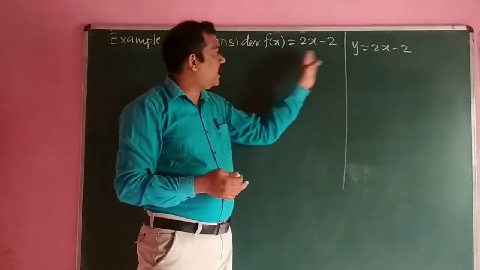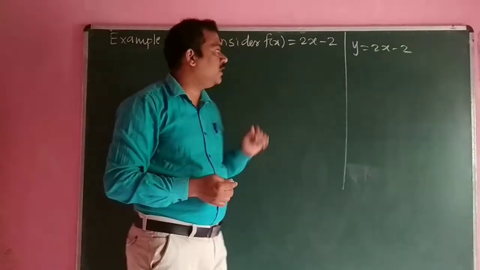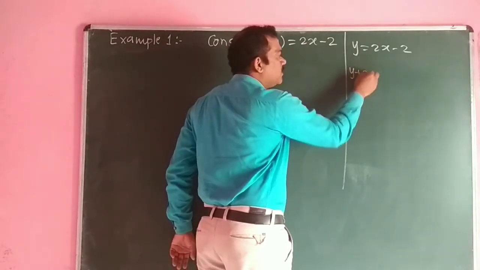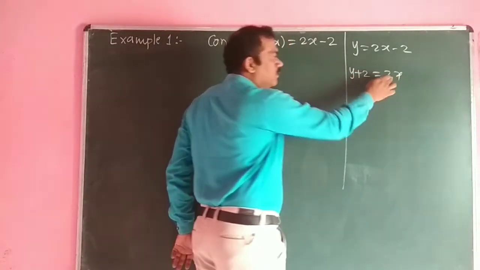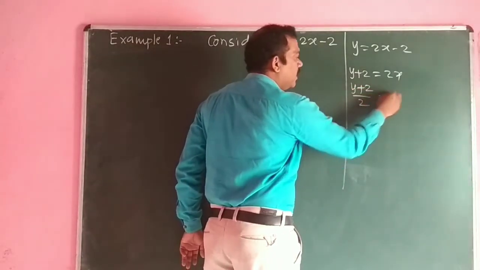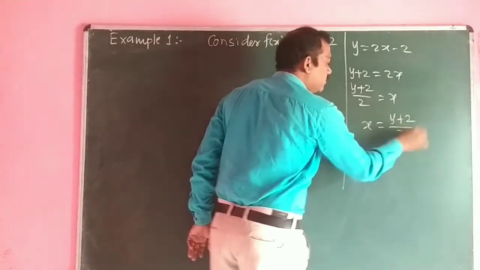Suppose y is equal to 2x minus 2. From this we find the value of x. The minus 2 moves to this side as plus, so y plus 2 is equal to 2x. The 2 multiplying here becomes a division on this side, so y plus 2 divided by 2 is x. It means that x is equal to (y plus 2) divided by 2.